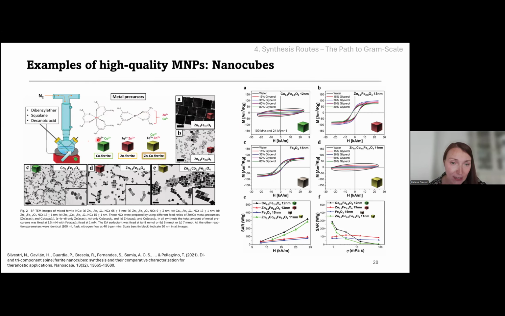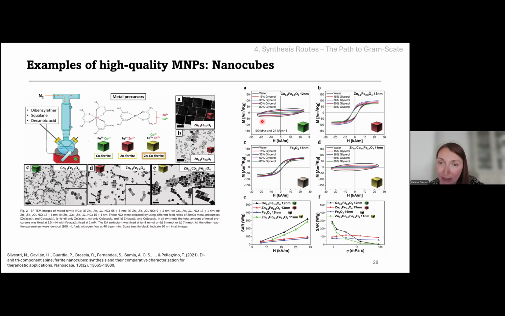For instance, in this work, we used cobalt acetylacetonate, zinc acetylacetonate, or both. So iron acetylacetonate and then zinc and cobalt acetylacetonates. Okay, we were able to produce very nice nanocubes, ranging from iron oxide to zinc ferrite composition, cobalt ferrite composition, or a mixture of cobalt and zinc.